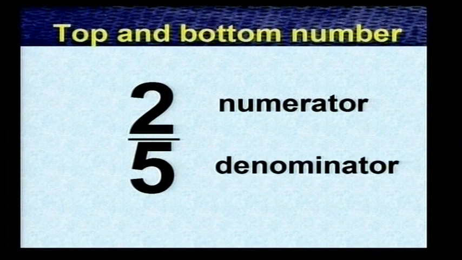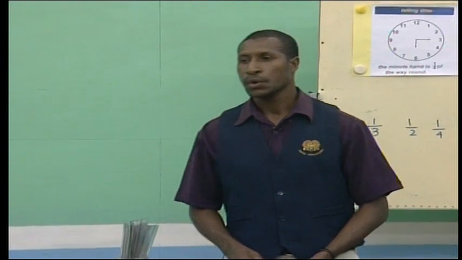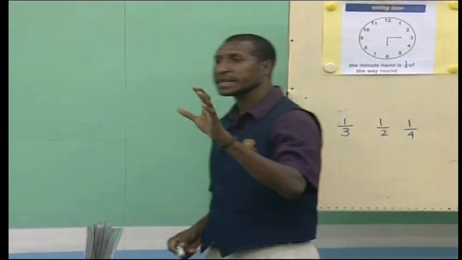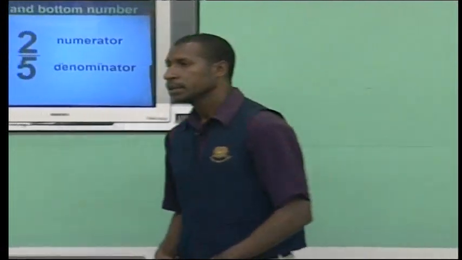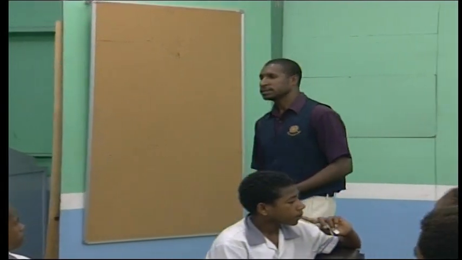Now, what does the top number represent? We know that the numerator is the top number of the fraction and the bottom number is the denominator. What does the numerator indicate in the fraction? Okay, let's have Polycilla.